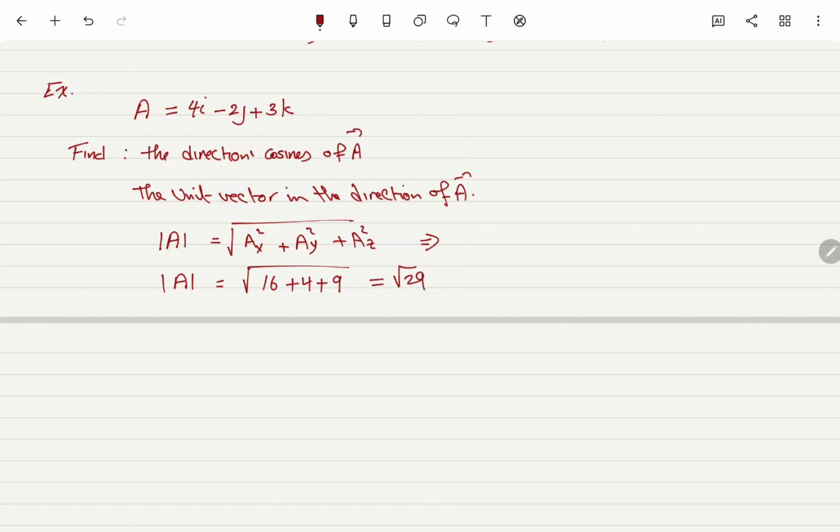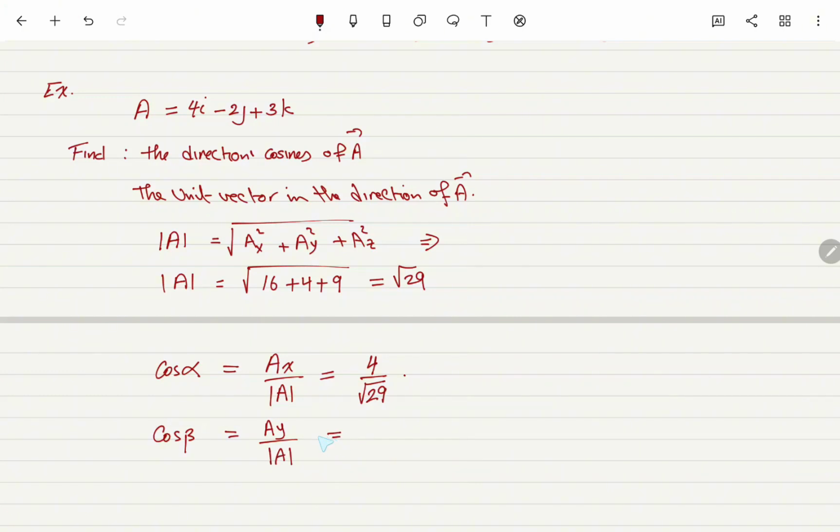Now the direction cosines in this case here, cosine alpha, is equal to the ax here divided by the magnitude of vector a, and ax, if we go back to the vector right here, is 4, divided by the magnitude of vector a, which is square root of 29. Cosine beta equal to ay over the magnitude of a.